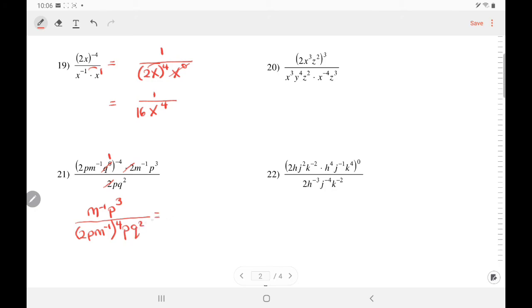Now, let's distribute the fourth power, leaving m to the negative 1 p cubed alone. 2 to the fourth power is 16, p to the fourth power, and m to the negative 4, because I distributed it. And you still have the pq squared.